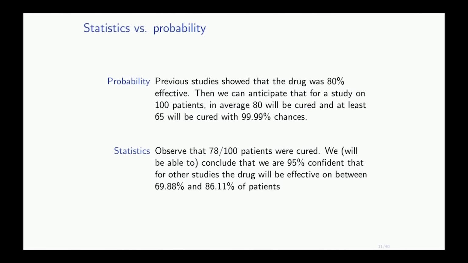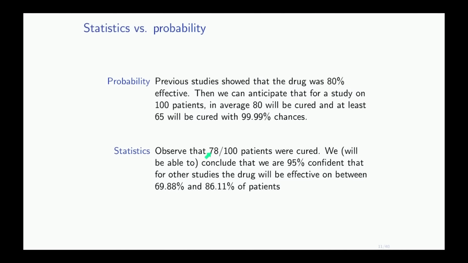Statistics is the opposite. It says, well, I just know that 78 out of 100 were cured. I have only one data set. I cannot make predictions for all data sets, but I can go back to the probability, make some inference about what my probability will look like, and then say, OK, then I can make those predictions later on.